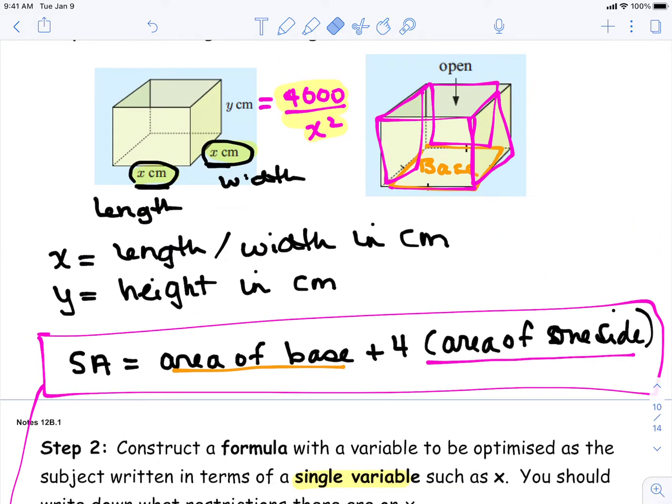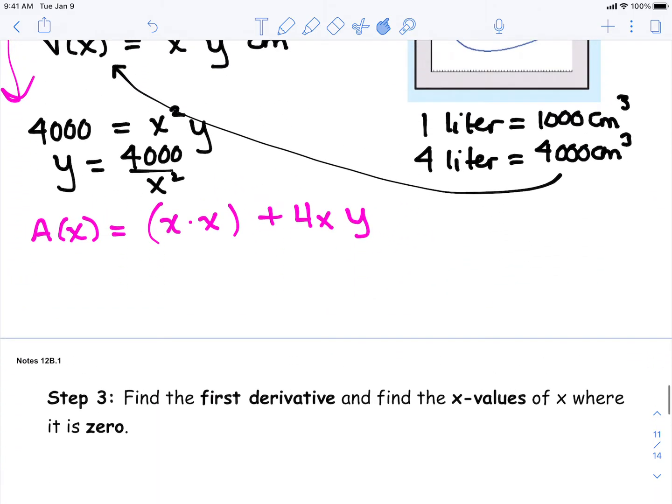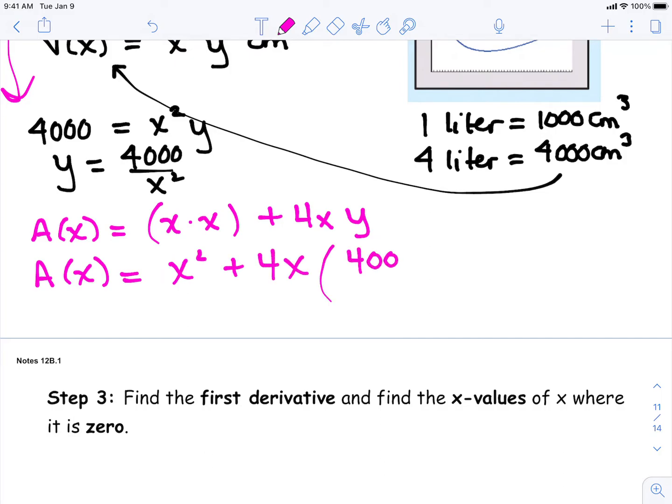Each of these sides, there's 4 of them, and to get this y and x, you're multiplying each of those to give you your area. Remember that y is 4,000 over x squared, so you can change that y to the same variable. So you do 4,000 over x squared.